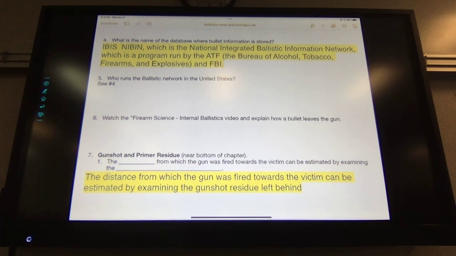And we'll jump down to number 7. So they sure can pinpoint the bullet to the gun, but how do they tie the individual to the gun? And that is with gunpowder residue. As the bullet is exploding, it really is like a bomb inside of the cartridge.